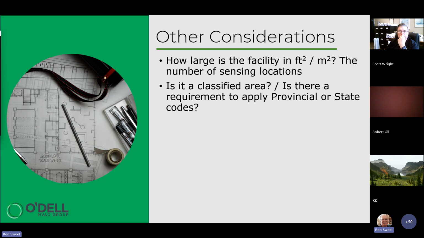If the area is classified hazardous, there are only two ways that you're going to be able to install electrical or electronic equipment in a hazardous area, an area that's been classified hazardous. Either intrinsically safe equipment or explosion-proof equipment. Intrinsically safe equipment, typically handheld devices.